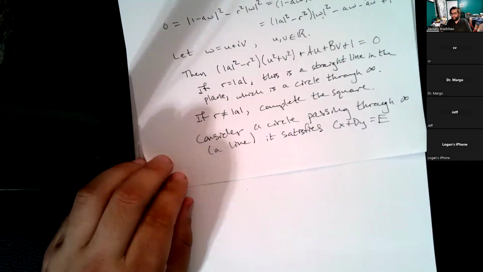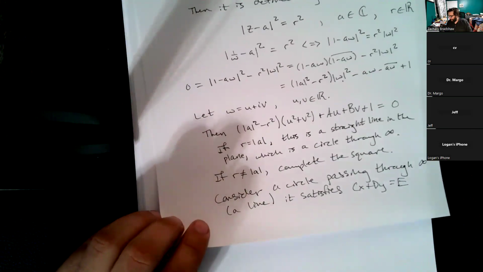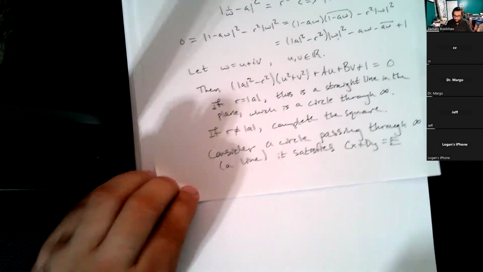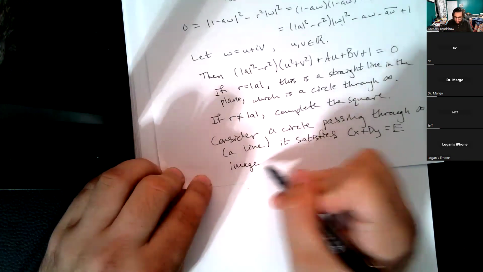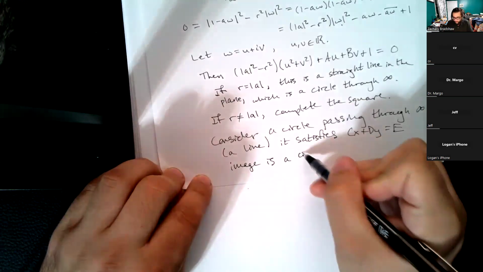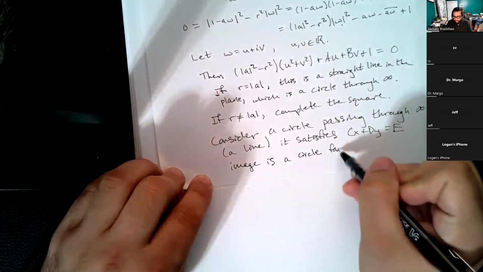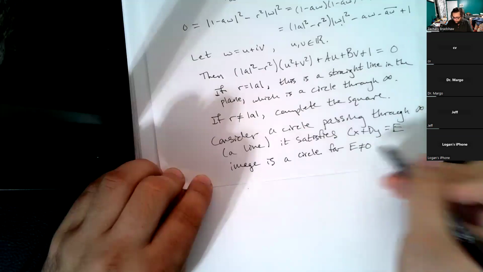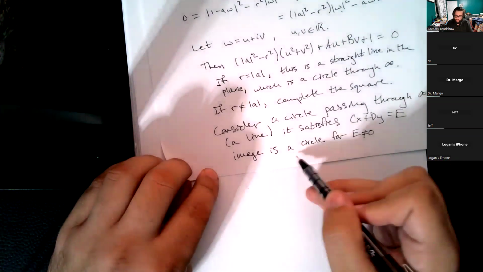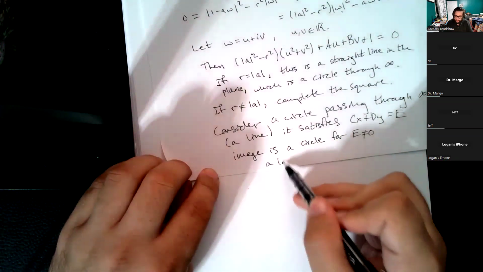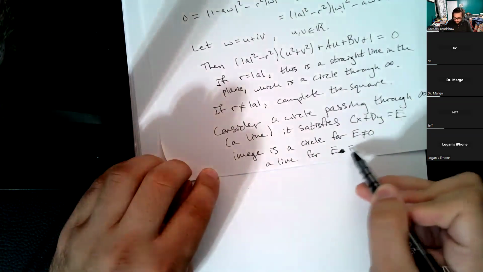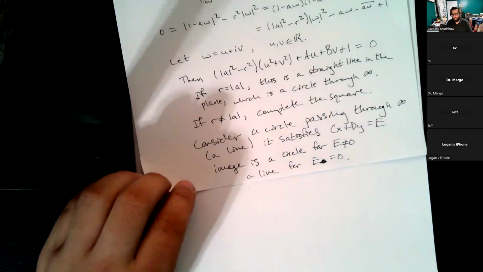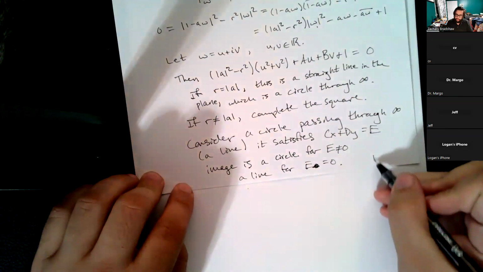And so you can do a similar calculation to the one we just did, and what you'll find is that the image is a circle in the usual sense for e not equal to 0, and a circle through infinity, or a line, for e equal to 0. And then that would complete the proof.